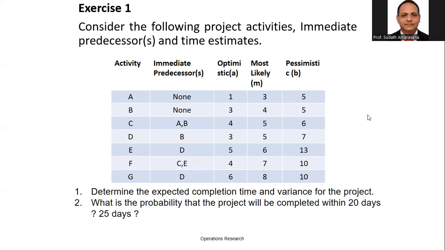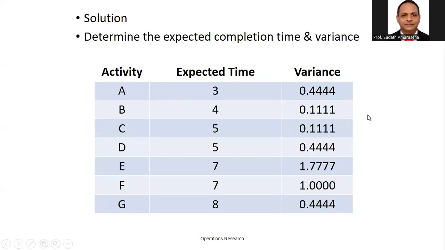Please go to my next slide, then you can see the answers. A, B, C, D, the expected time and variations. Two decimals are enough. No need to get four decimals.